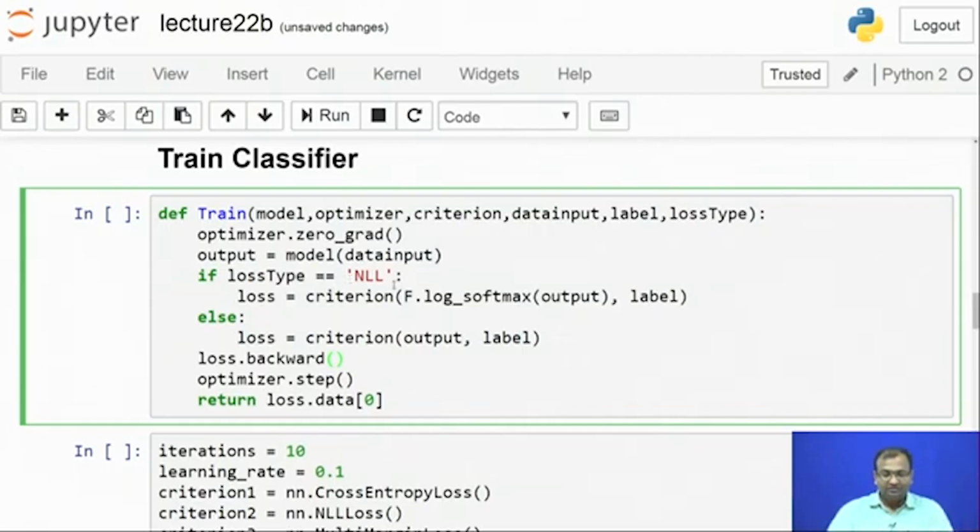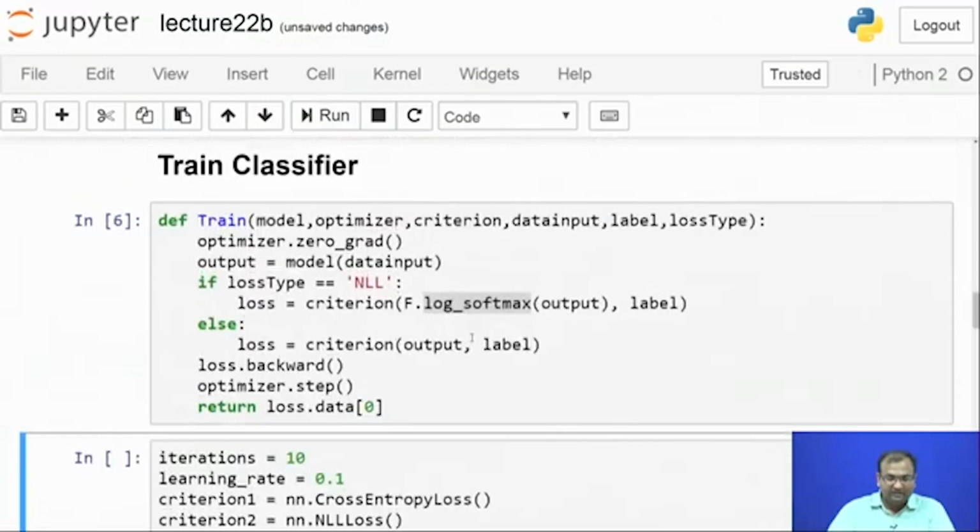So, if one of my criterion functions is a negative log likelihood criterion function, then I am going to change my output, and I need to take a log softmax of my output, whereas for the others I will not need a log softmax. You can go back to the previous lecture and revise why you needed that log softmax, which I had mentioned clearly.